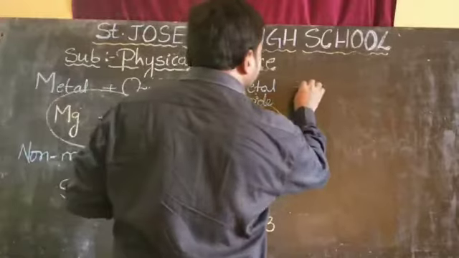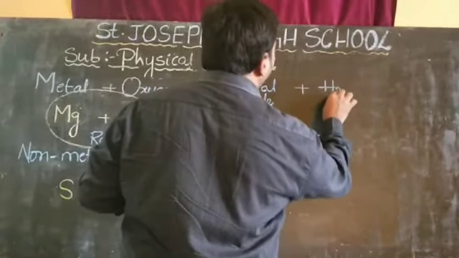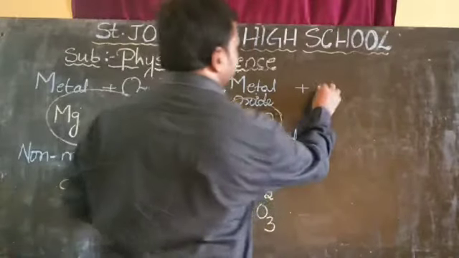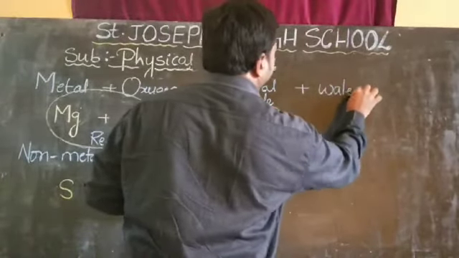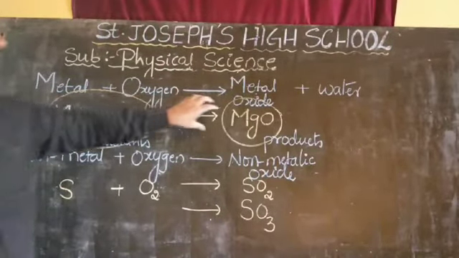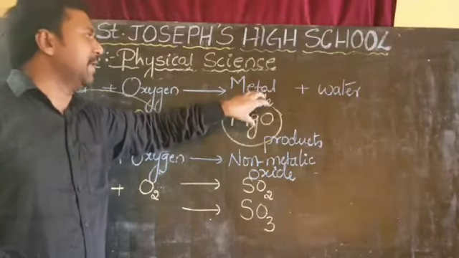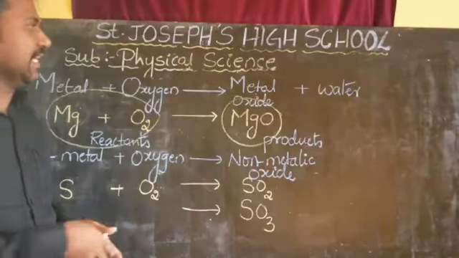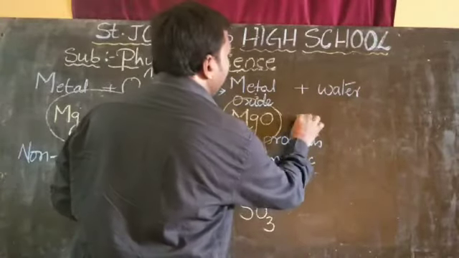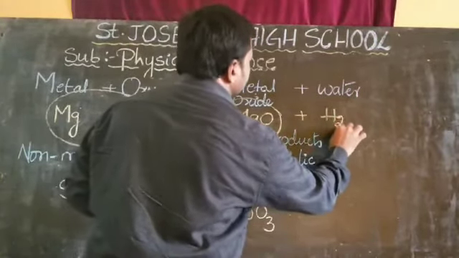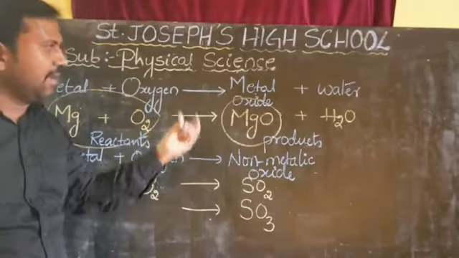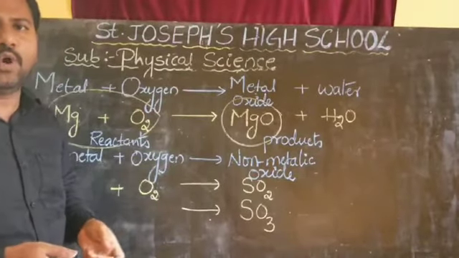Now a little bit of extension we are explaining. When this metal oxide dissolves in water: when magnesium is burned in the presence of oxygen, we get magnesium oxide, that metal oxide ash. Take that ash in a test tube and add some amount of water.